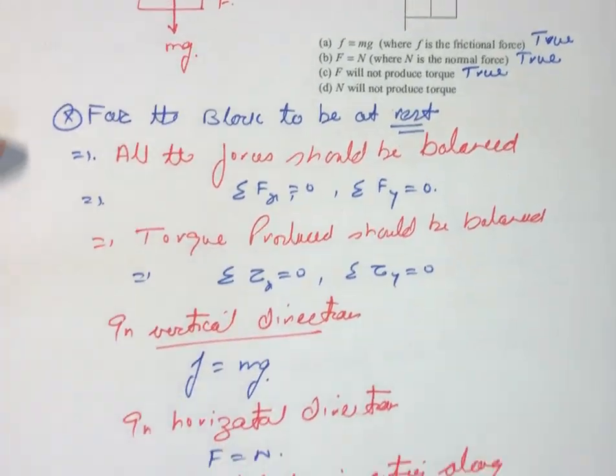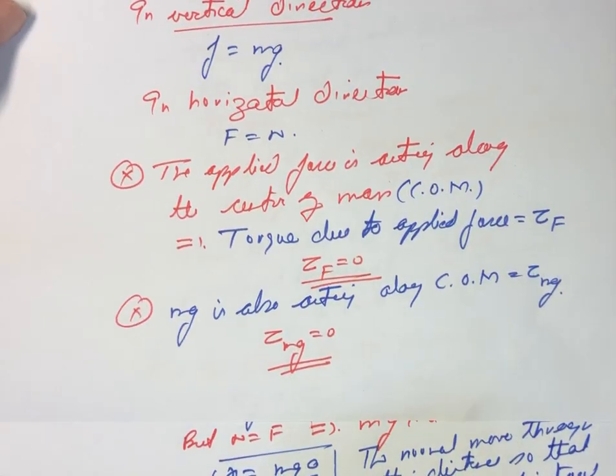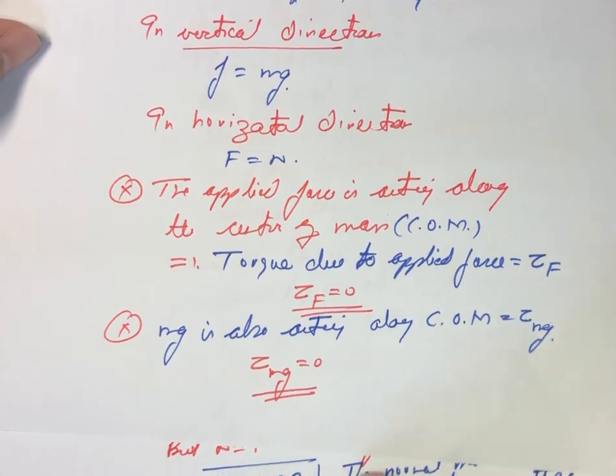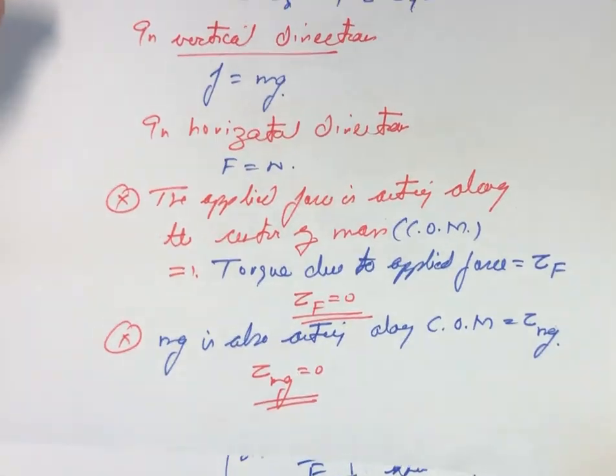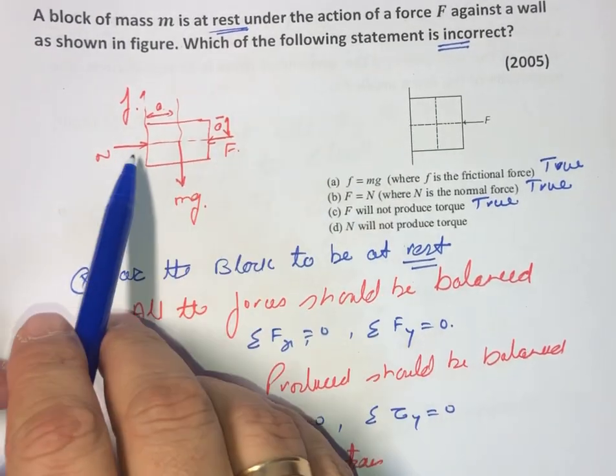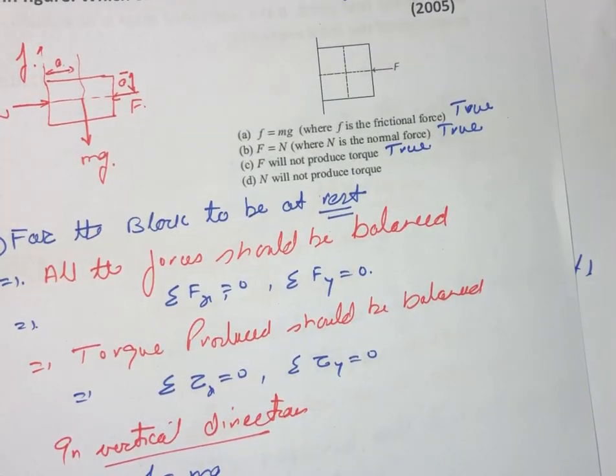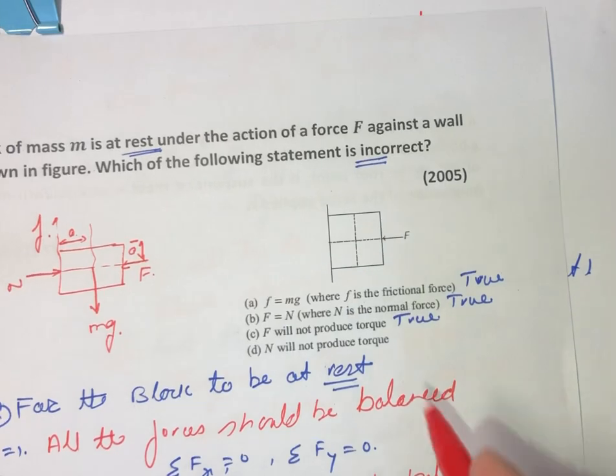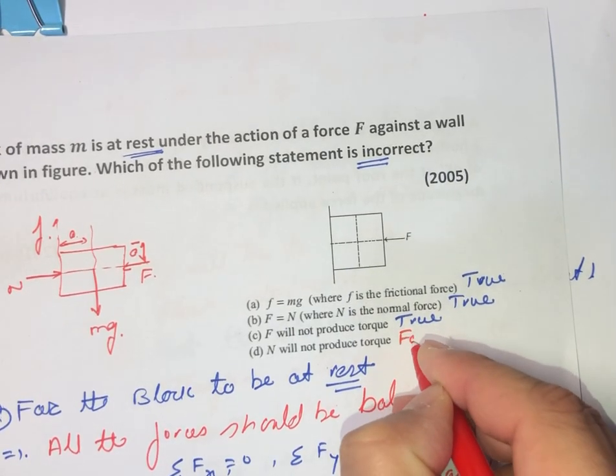So we proved that for N to produce the torque, it should be moving by a distance of x, whereas the N is along the center of mass. So this is our false statement.